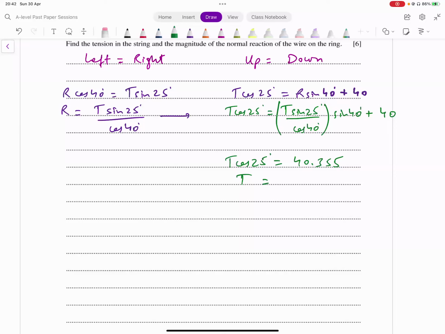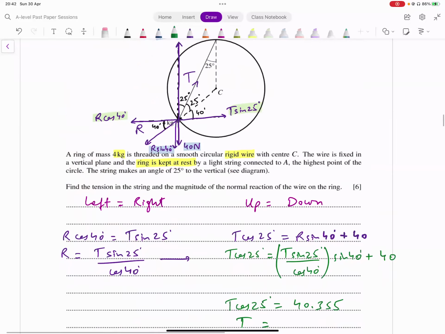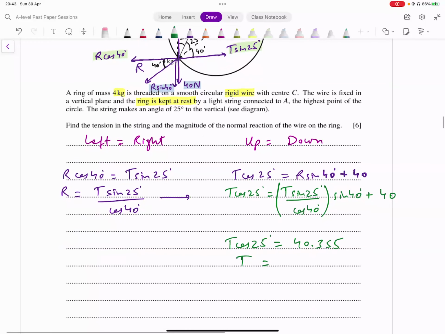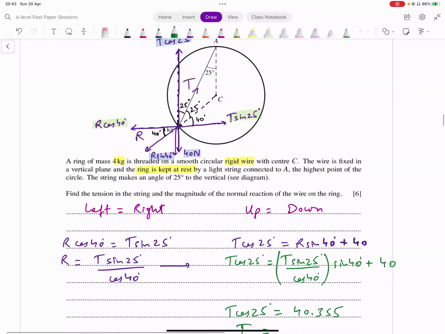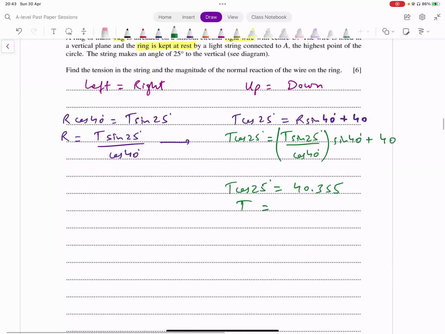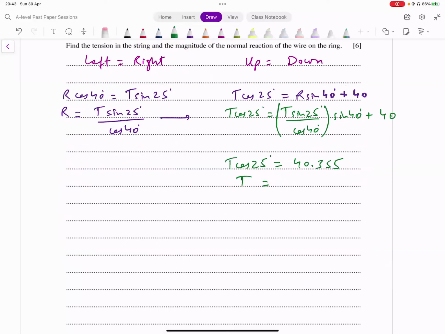Okay, let me just check my working again. If it's correct, maybe something missing here. Okay, so we have t cos 25, that is fine. यहाँ पे हमने कोई error तो नहीं किया है. अच्छा, t sin 25 divided by cos 40, t cos 25 that equals this into sin 40 plus 40.